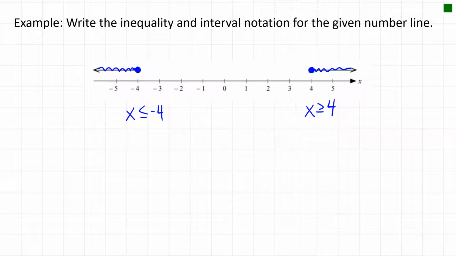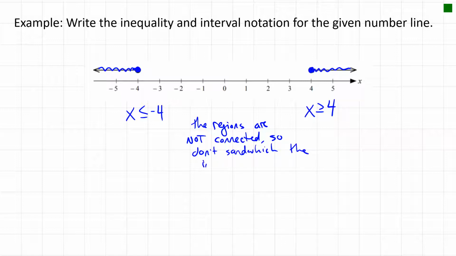But we're not going to sandwich these two numbers together because these two regions are not connected. So don't sandwich the inequalities.